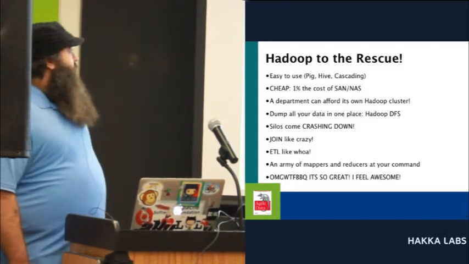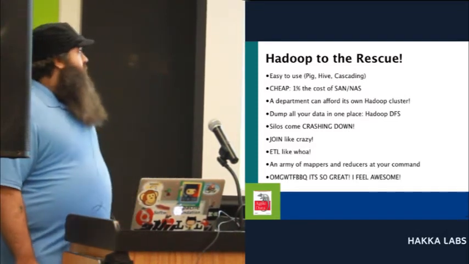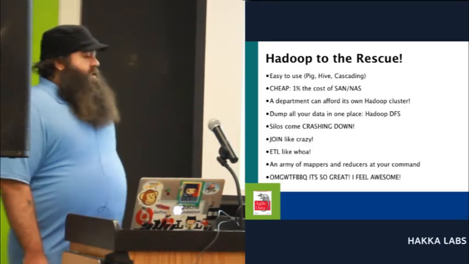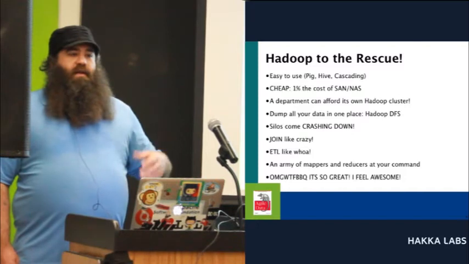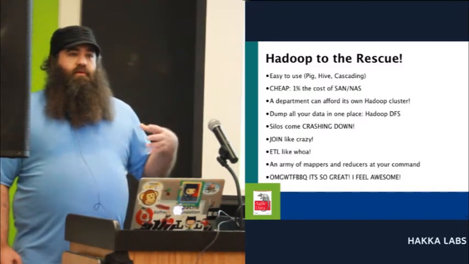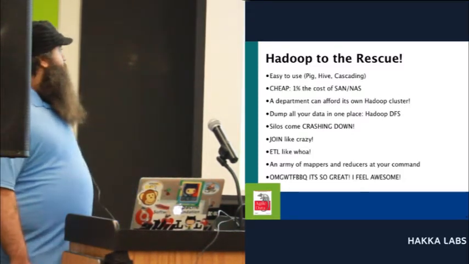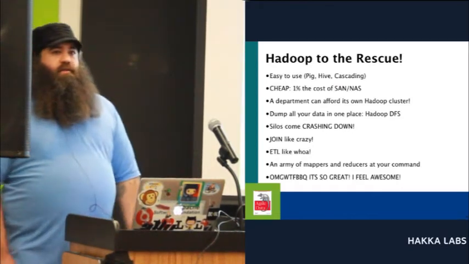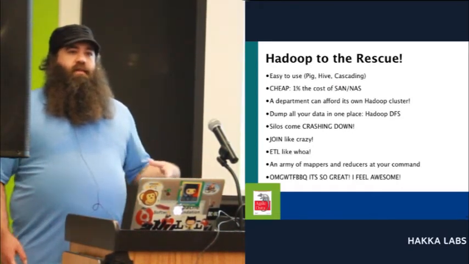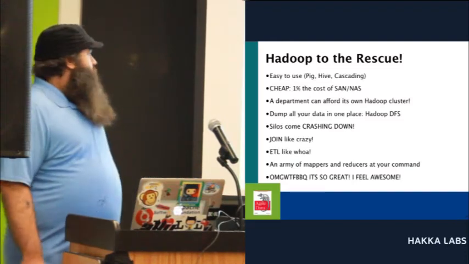There's Pig, there's Hive, there's Cascading, high-level interfaces. It's incredibly cheap. It's about 1% of the cost of network-attached storage or a storage area network because it's local disk. And so a department can buy its own Hadoop cluster without having to get overhead approval.